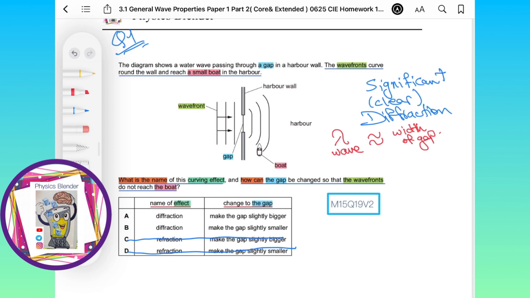They should be slightly bigger. Okay, if the dimensions of the gap will be slightly bigger, like here, the waves will be like this.